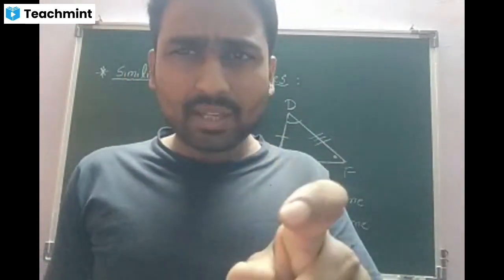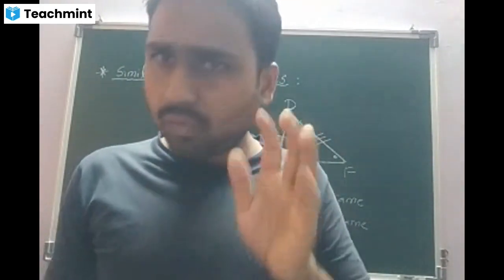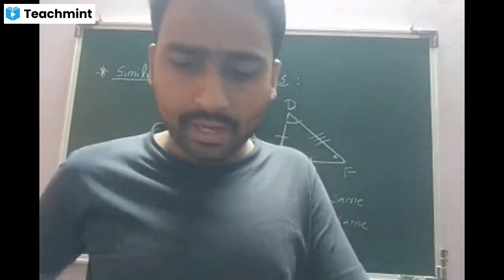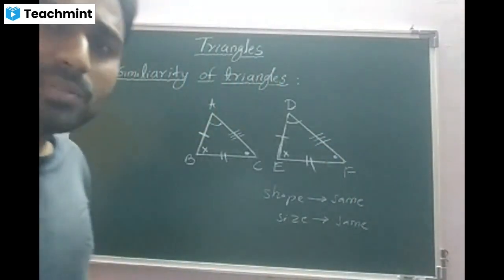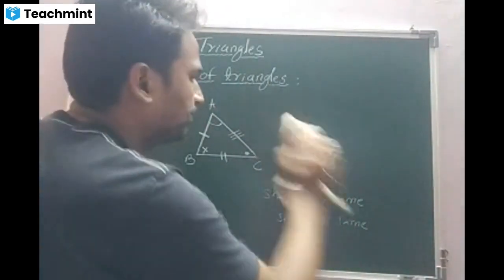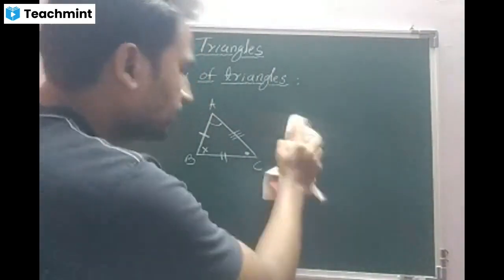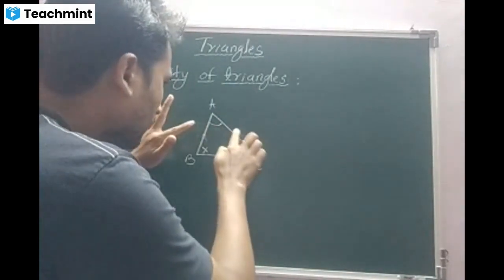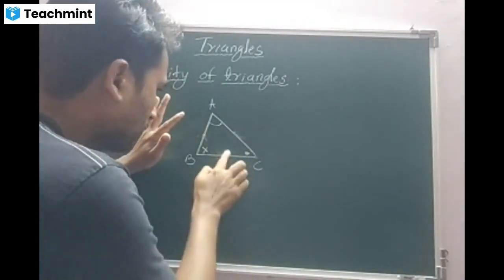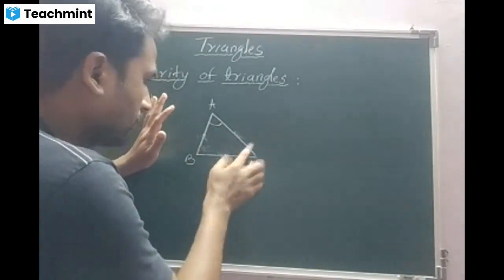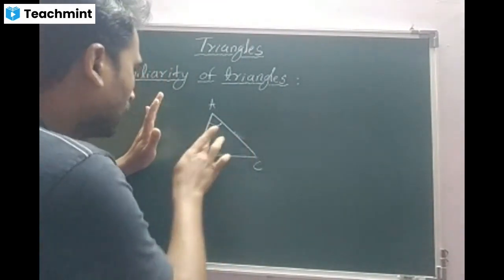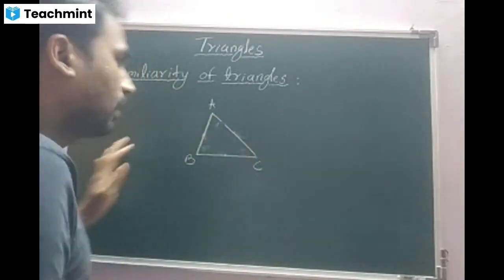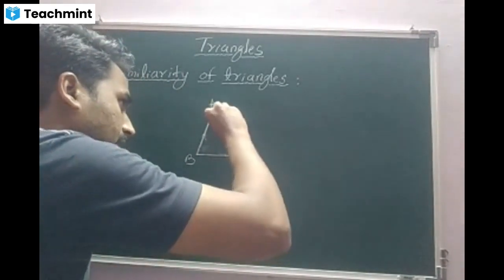Now the same thing has to be explained for the similarity of triangles. So I will make some changes, beta, in the diagram. Look at the change. Okay, I retained the triangle ABC in the same manner.